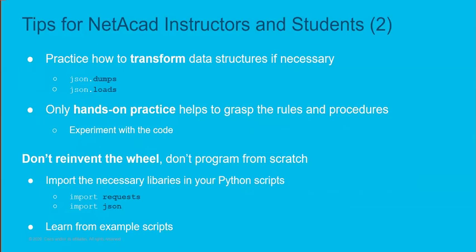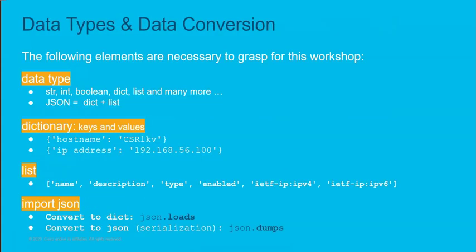Also, you need to know how to transform. JSON dumps, JSON loads. Not going to explain, there are examples about it. Of course, sometimes you need libraries in your Python script. To do a GET request, you need to import requests. To deal with JSON, you have to import JSON. So before the demo, just remember, data types are important.